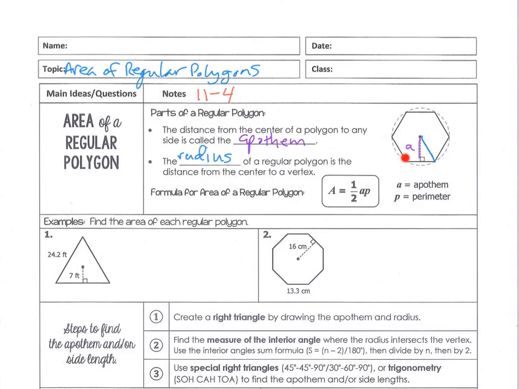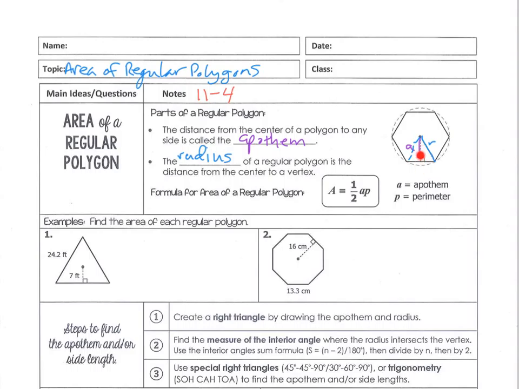If I drew a second radius here, it creates this triangle because both radii are the same. So I'm just going to go ahead and draw another one. If I drew another radius, what kind of triangle do I have? Isosceles triangle because the radii are the same.